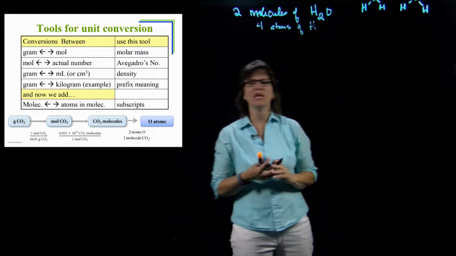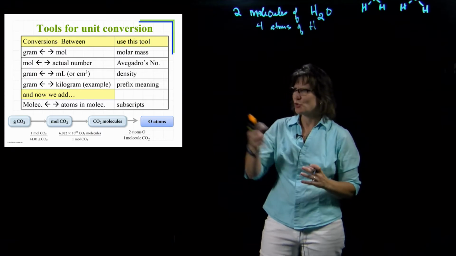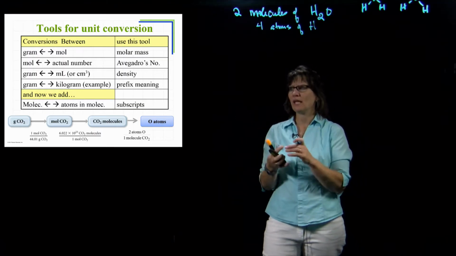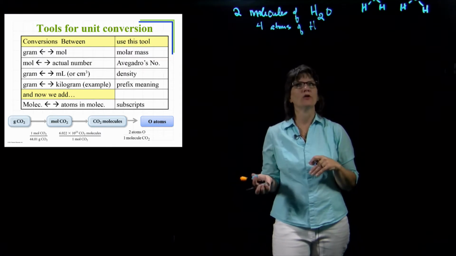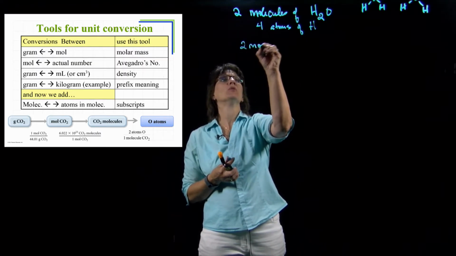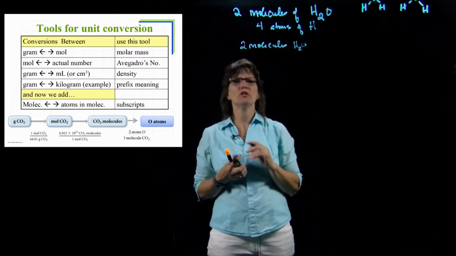But I want you to think about this in terms of dimensional analysis and this tool that I have. The tool says to use subscripts to get between the atoms and the molecules. So, how would we do this? We have 2 molecules of water, and we're doing dimensional analysis.